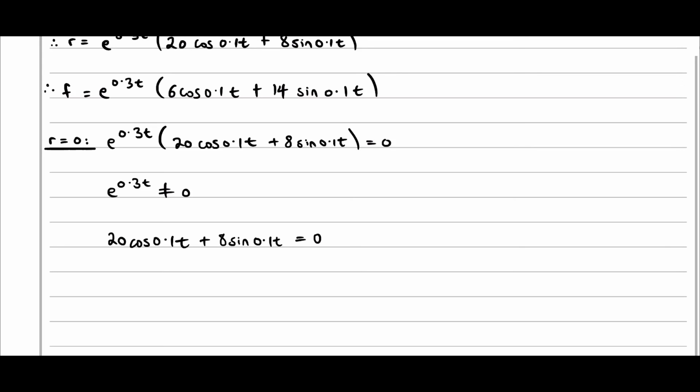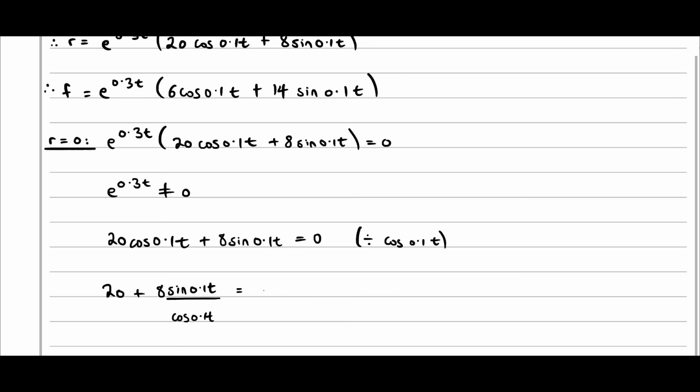And if I divide through by cos of 0.1t, then we have 20 plus 8 sine of 0.1t over cos of 0.1t equals 0.